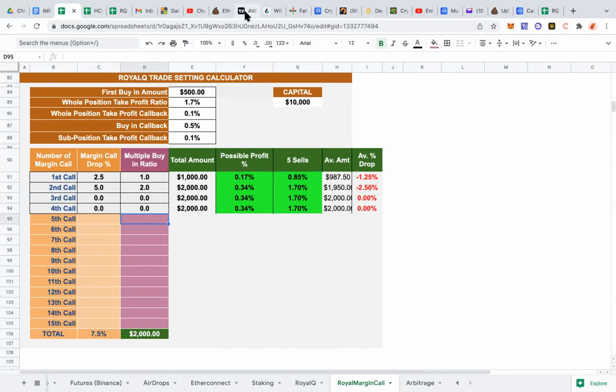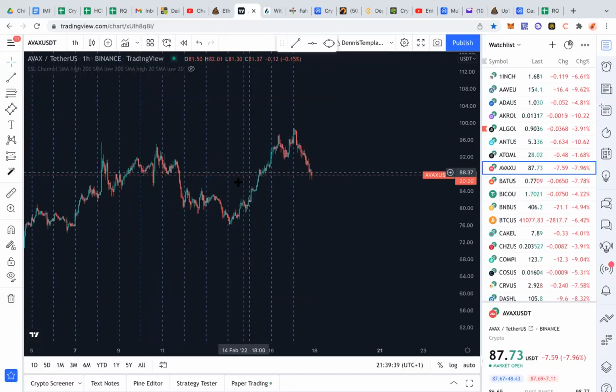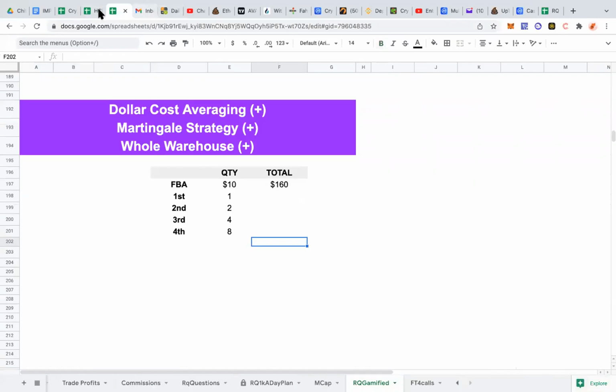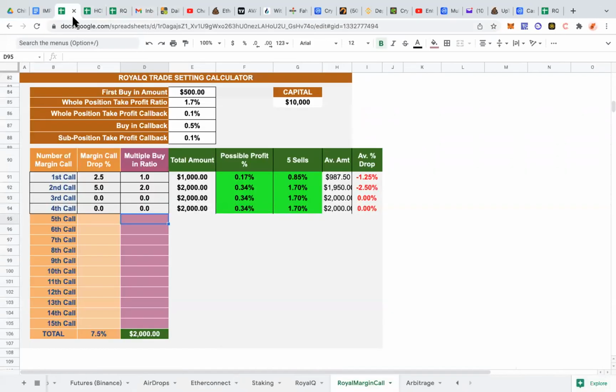In other words, you want to make sure you have analyzed the chart and that by a little drop, the market will start going back up to give you your profits. That is when you will need signal. You will also need signal if you are doing this 1 million compounding. When you drop signal, you go and buy. But for this, enter blindly. Enter any coin. Once you have a good setting like this, enter any coin. Make sure it's on whole warehouse and you'll be fine.